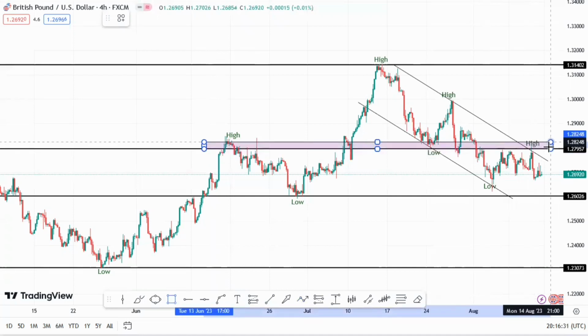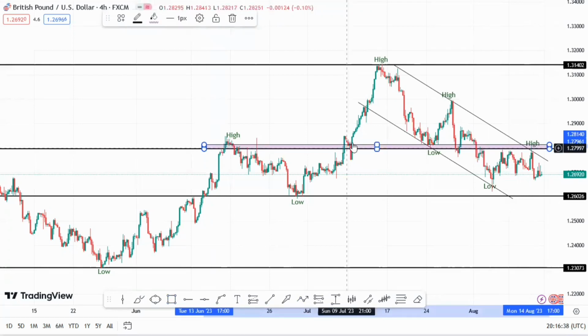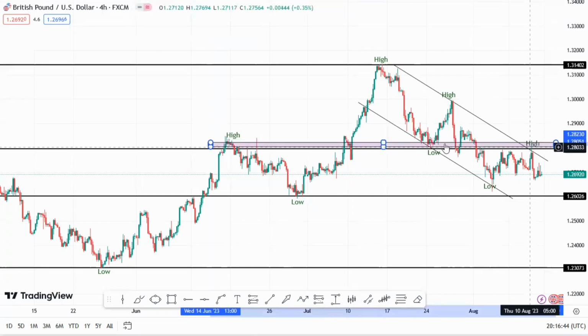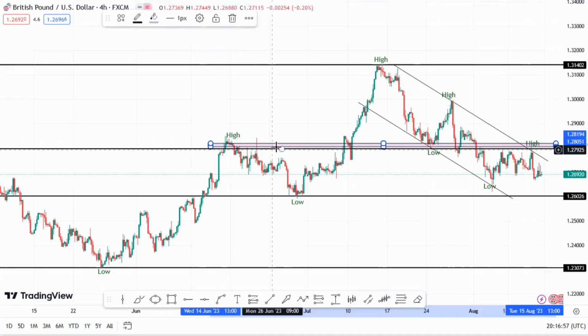Everything is so clean here. That's how your chart should be. It should be so clean that even a young kid can see what you are trying to say or do.